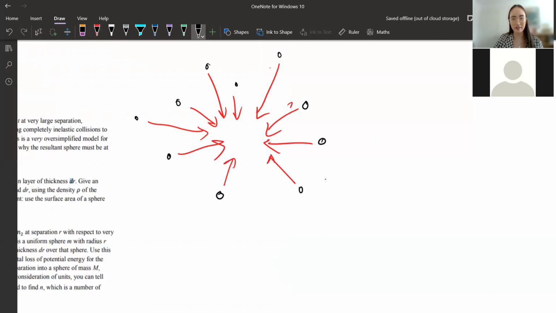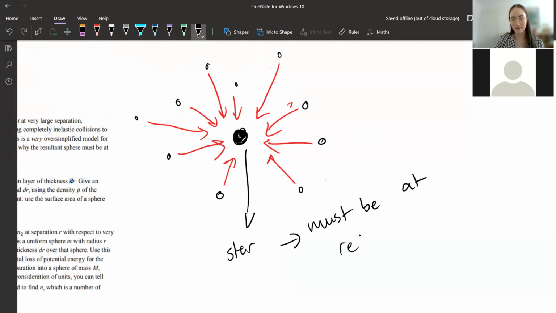Now, the final mass that it forms, so this star in the center, must be at rest due to conservation of momentum.